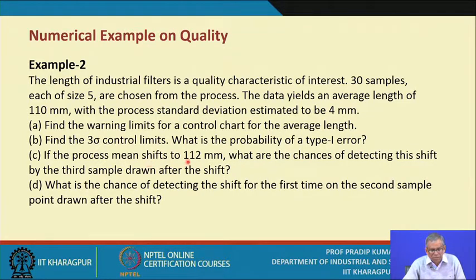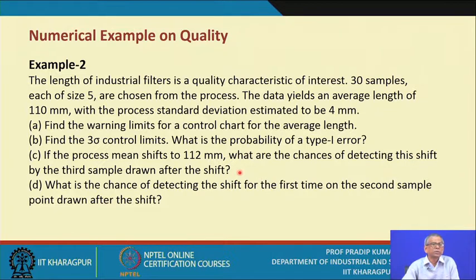If the process mean shifts to 112 millimeter, that means as soon as you say that the process mean is shifting to another value, not 110, you are saying that the process has gone out of control. What are the chances of detecting the shift by the third sample drawn after the shift?